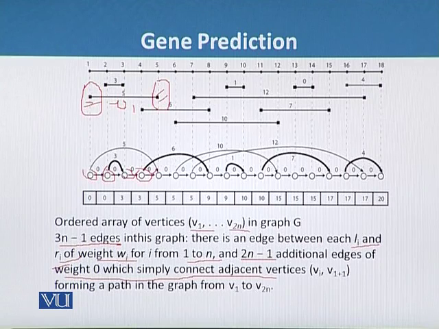So these are vertices, they are connected with each other, and we can see here the weight is 0 for each of the edges that connects the two vertices. So at the end we will get the 0 weight edges which simply connect the adjacent vertices, that is Vi to Vi plus 1, forming a path in the graph from V1 to V2n.